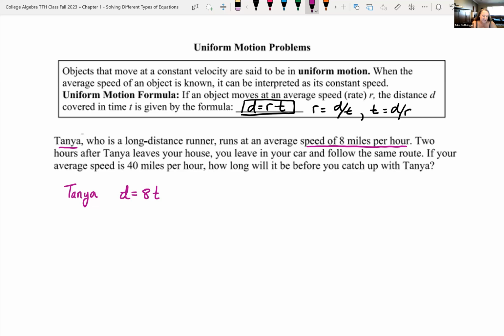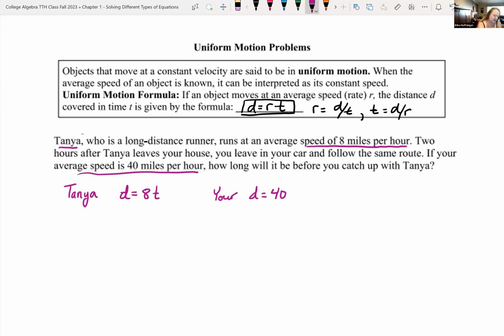But 2 hours after Tanya leaves your house, you leave in your car and follow the same route. Okay, so your distance is equal to your speed. Well, you're going 40 miles per hour. So 40 times time.